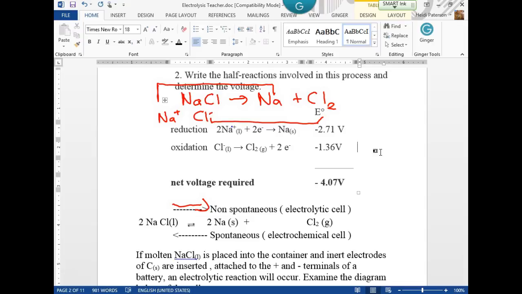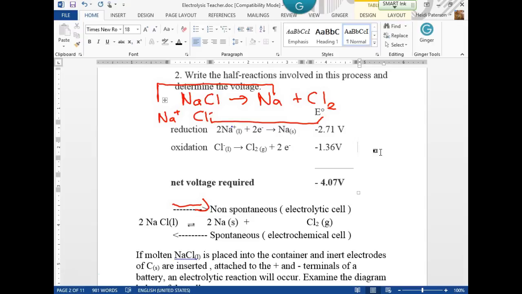Doesn't it have to be really cold to be solid? Very cold. At room temperature, chlorine gas is a gas. It's not solid. So if you have something that's 801 degrees Celsius, there's no way you can put a chlorine solid electrode in there. Well, you could. It's just as soon as you put it in there, it's gone and you don't have a cell anymore.